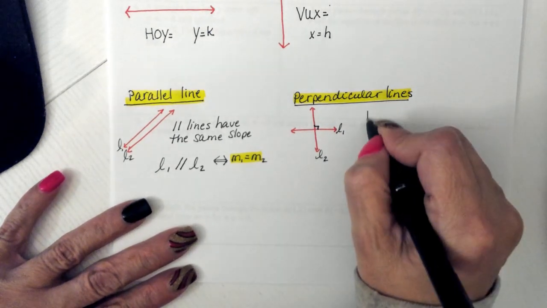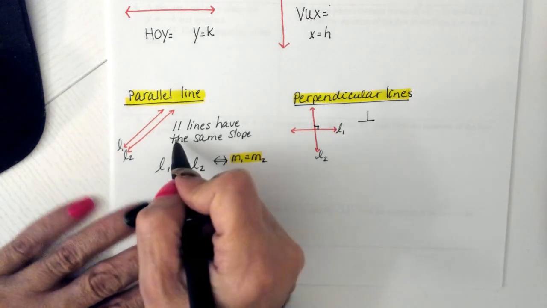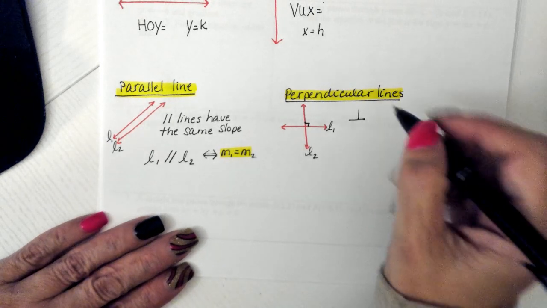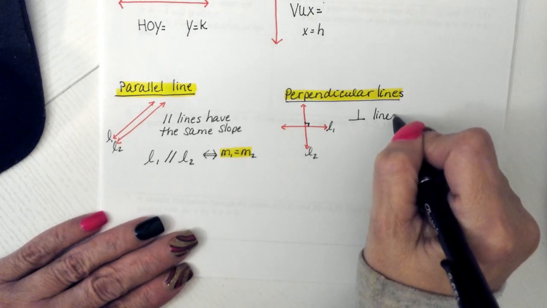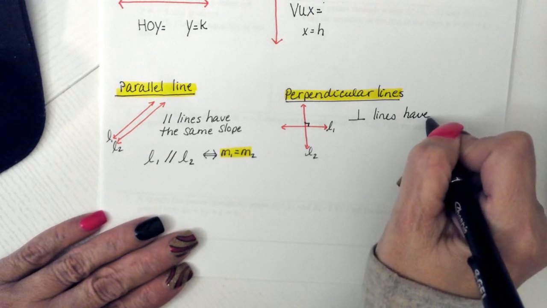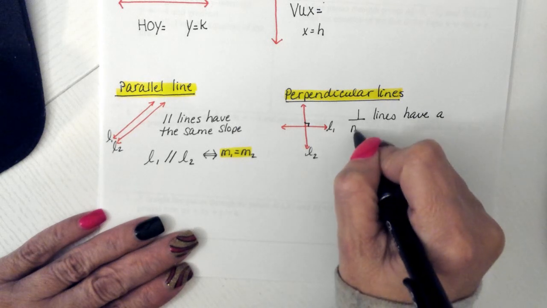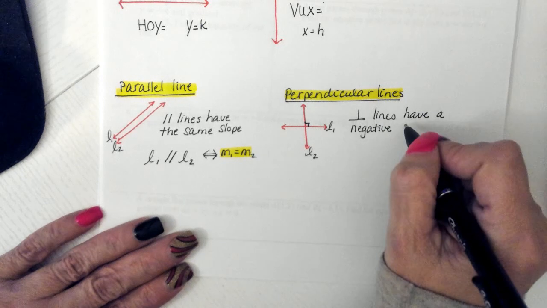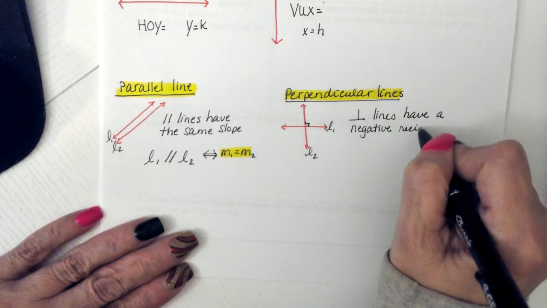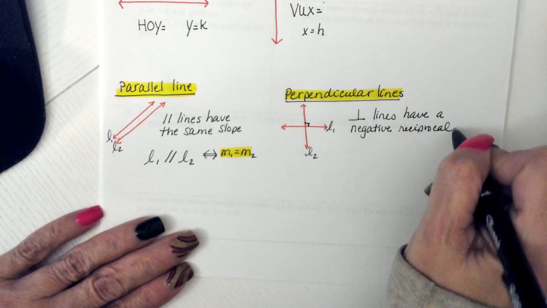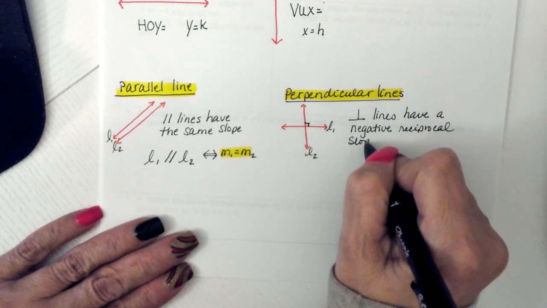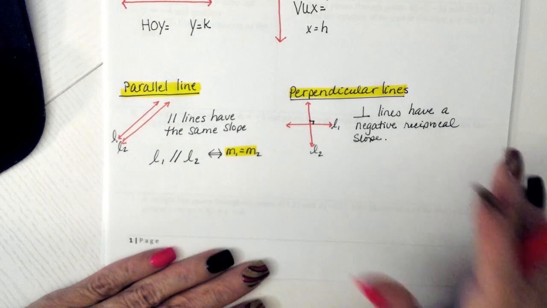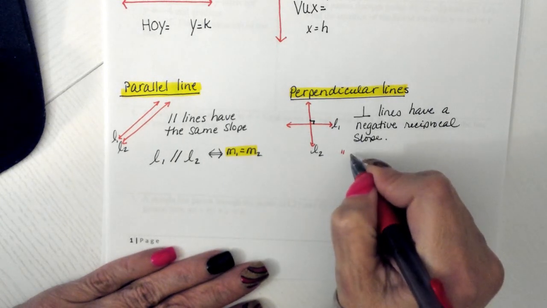So perpendicular lines, what's the rule? What am I going to call these slopes? Perpendicular lines have a negative reciprocal slope.